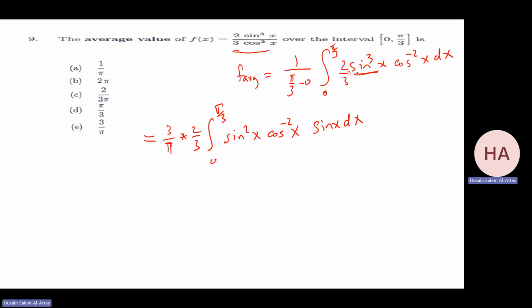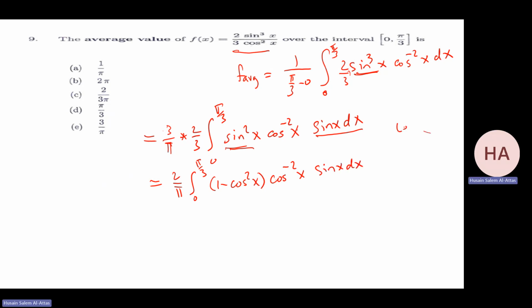Okay, so I split sine cubed into sine square and sine. That will be my du. But I need to change sine square into cosine now. That will be 2 over pi integral from 0 to pi over 3. I have this is 1 minus cosine square, cosine to the power minus 2, sine x dx.